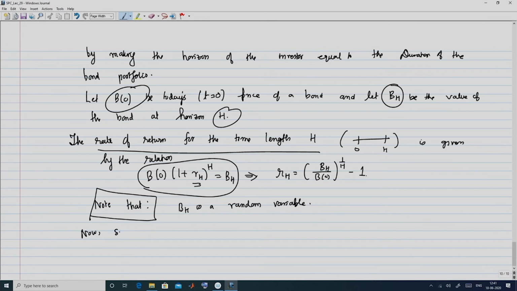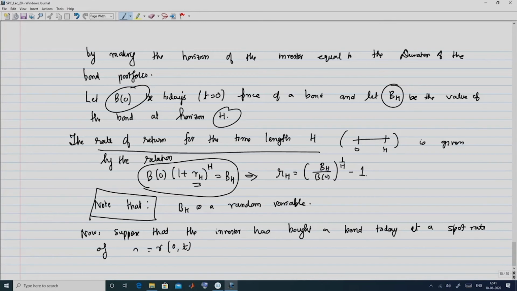Now, suppose that the investor has bought a bond today at a spot rate, which I will denote as R subscript 0, with the prevailing interest rate.